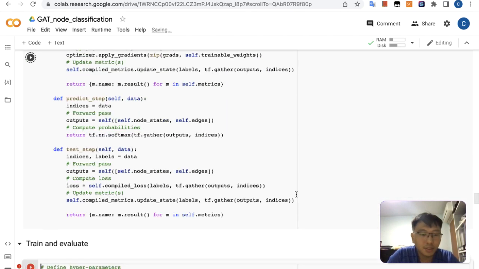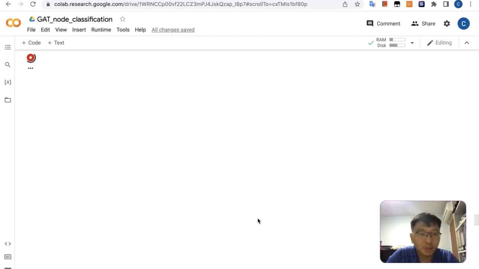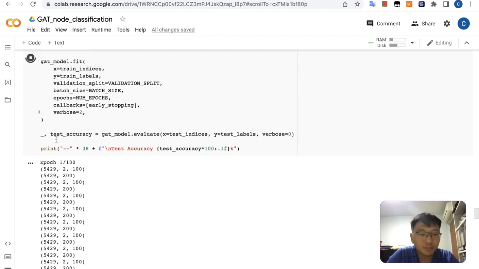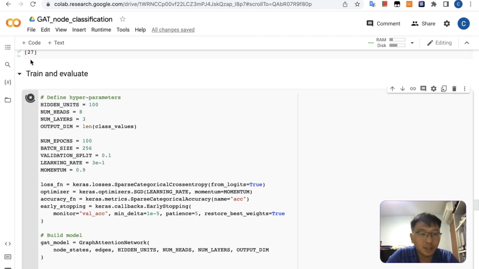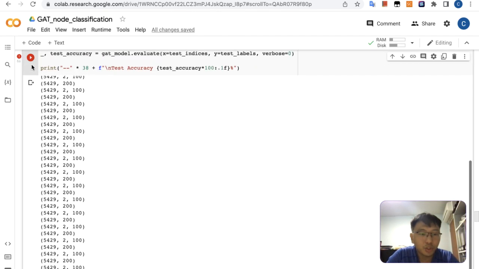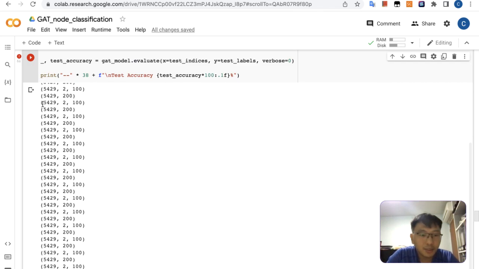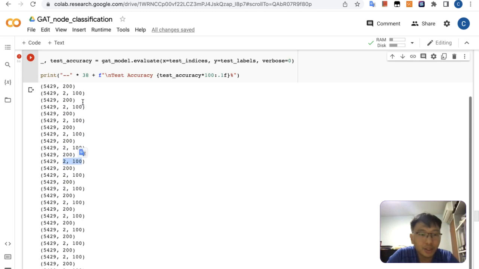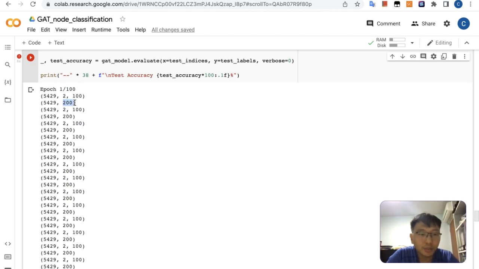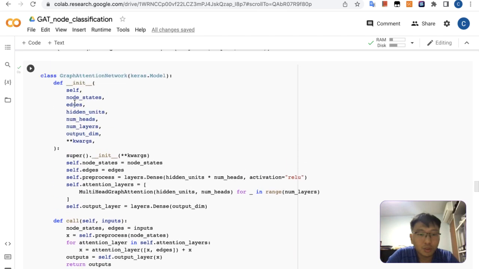So initially without doing the reshape, it seems that it is 5429 by 2 by 100. The reshape makes this 200. Okay, so let's go back.